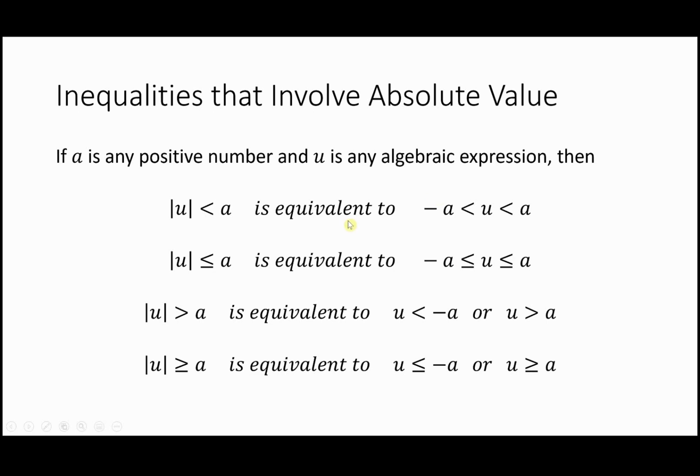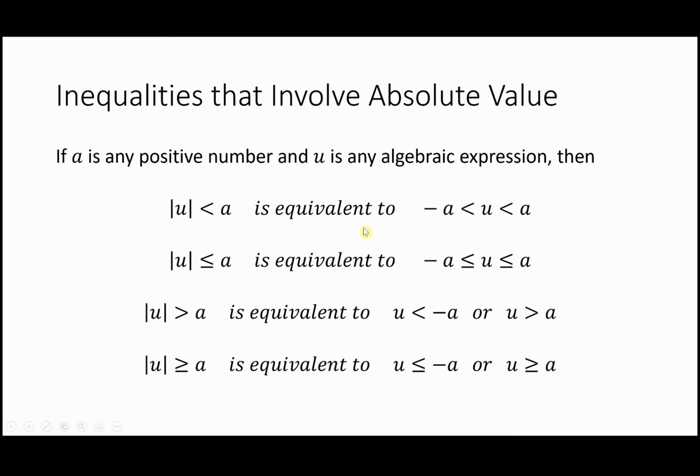So the way I think about the rule is this: if your absolute value is less than or equal to, right? So if the absolute value is less than, then you set it up as a compound inequality. The expression inside of the absolute value, in this case we're just generically calling it u, as any algebraic expression, gets put in the middle of a compound inequality in which the A value's original value is the upper bound, right here where my cursor is hovering, and its opposite is the lower bound.